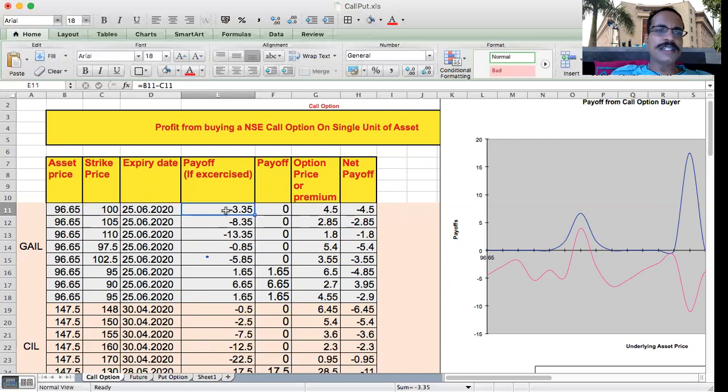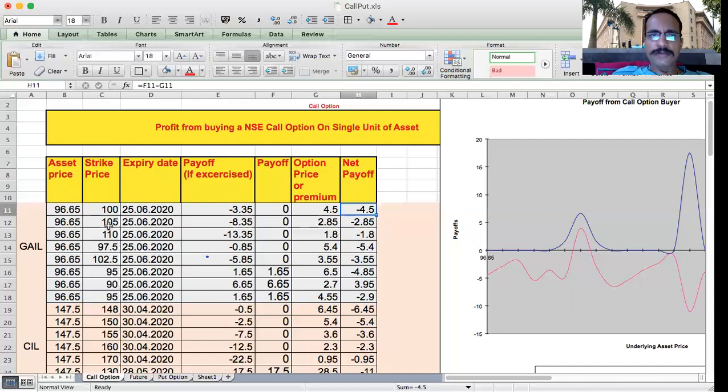But in that case, if it reaches 100, I'm not going to buy that share, right? So my payoff will be zero. Instead of minus, I will have a negative payoff, but I have already paid a premium of 4.5 on buying this call option. So that will be my negative payoff.